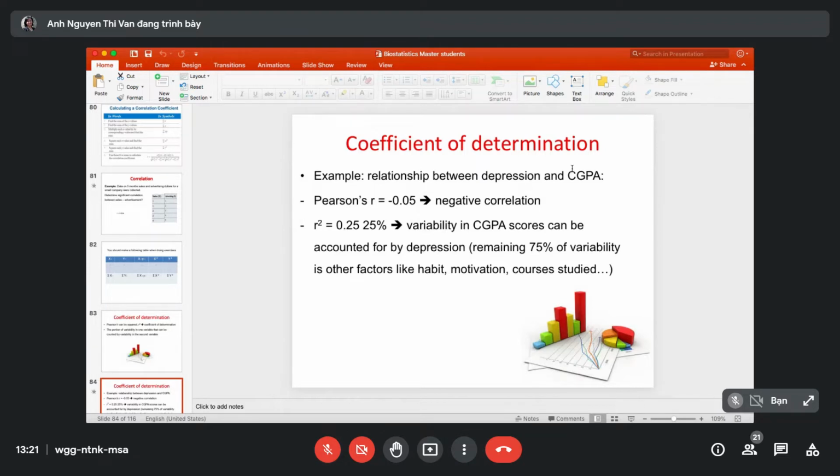They use the Pearson correlation test and get the R value. R is the correlation coefficient. It is minus 0.05. That is the R value that they obtained in the correlation test between depression and the GPA score.